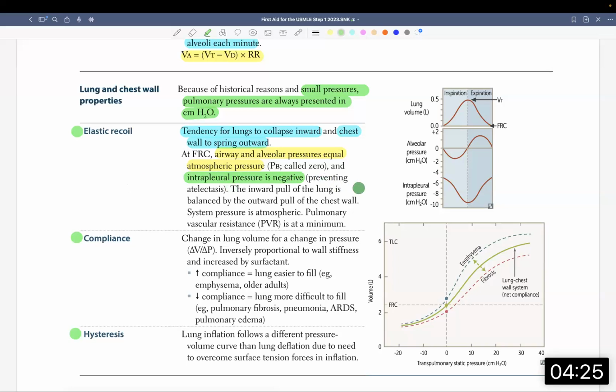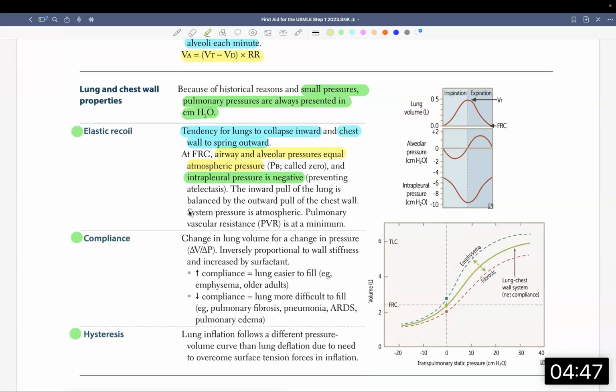The inward pull of the lung is balanced by the outward pull of the chest wall normally. At FRC, the airway and alveolar pressures equal atmospheric pressure. What is PB?